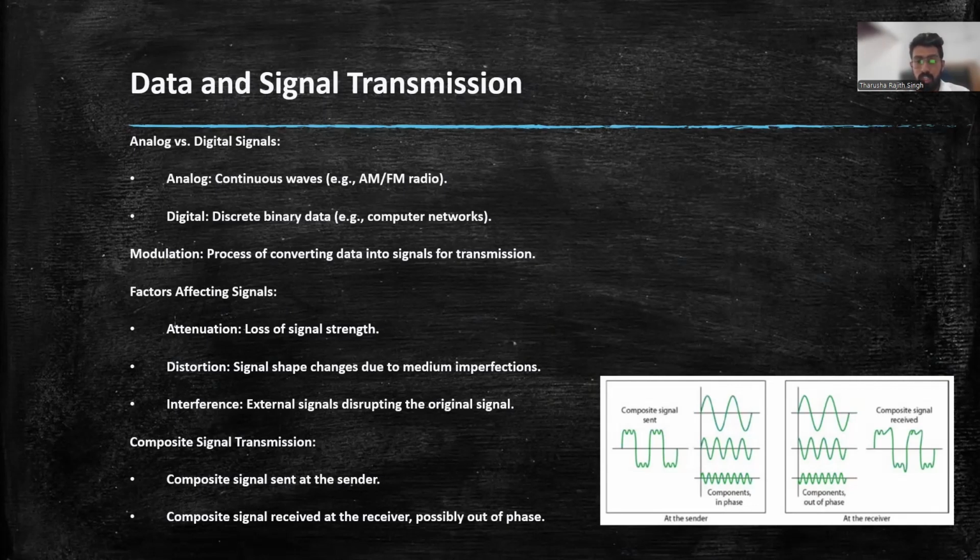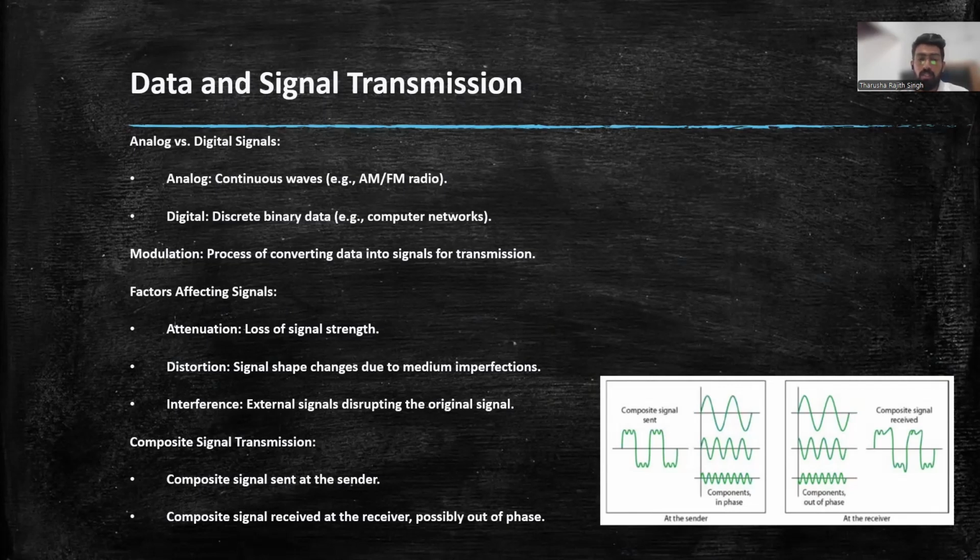Distortion can lead to errors in data interpretation. Interference is when an external signal or noise disrupts the original signals, reducing the quality of the transmission. Techniques like filtering and error correction are used to mitigate interference.